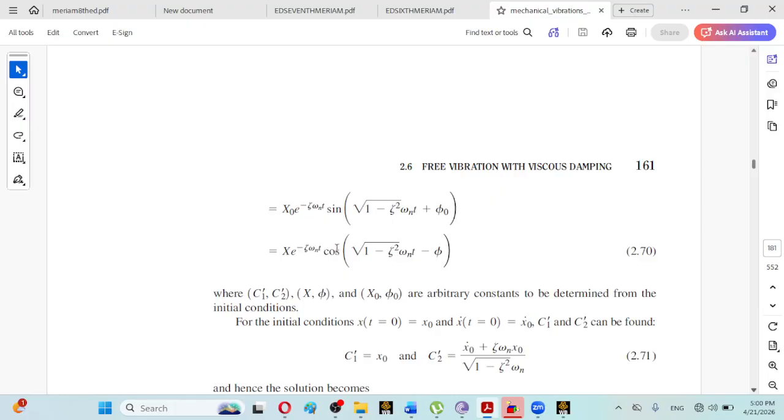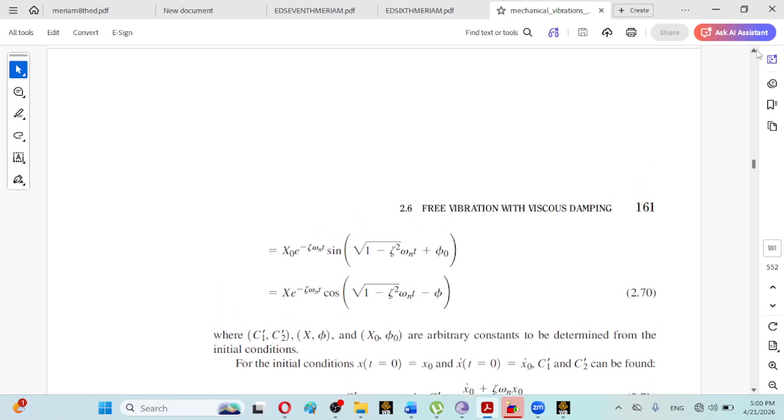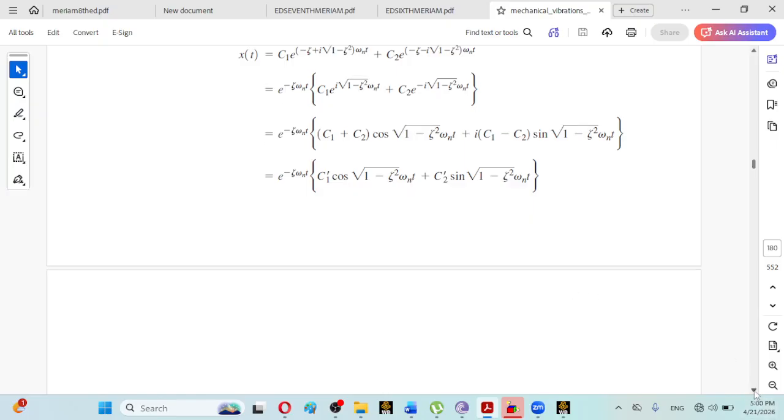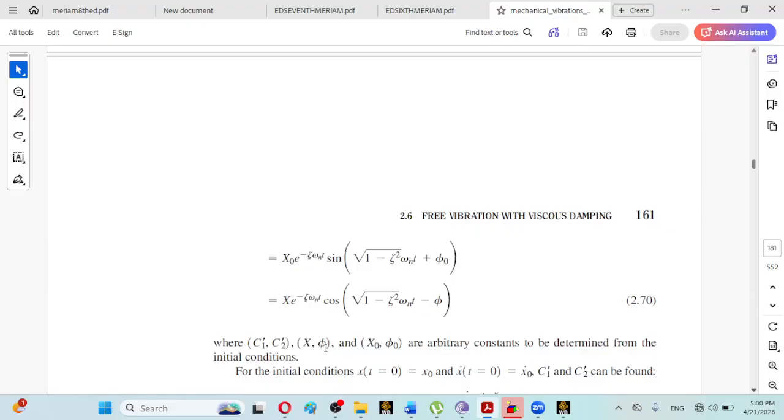The sine form or cosine form are in the compact form, because sine and cosine are complementary functions, and they can be compacted. This is the cosine form, and this is the sine form, and either of them can be used alternatively depending upon the user's feasibility.